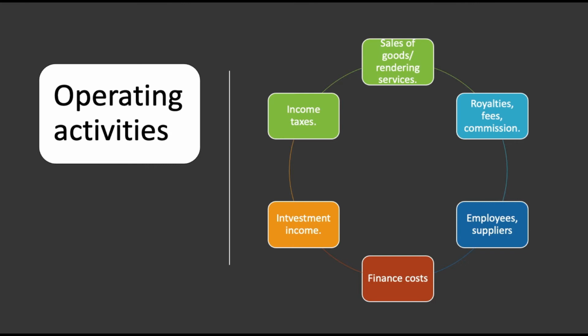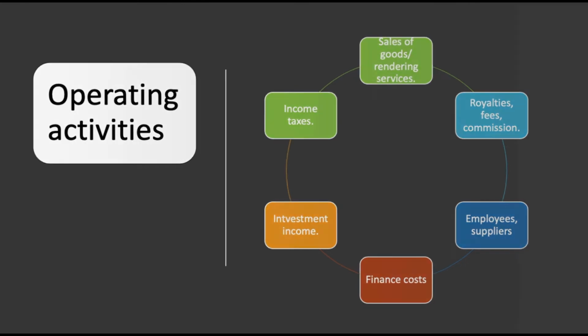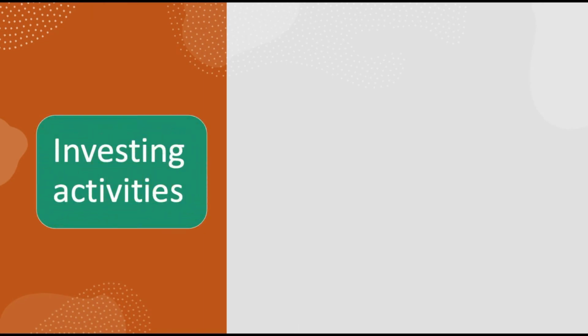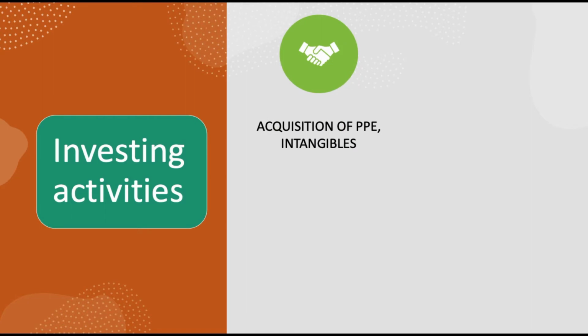The second section of cash flow statements is investing activities. Under the investing activities section, an entity is required to show long-term economic benefit transactions, such as acquisition of property, plant, and equipment, and intangible assets.